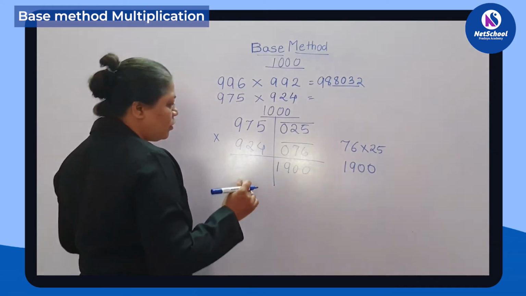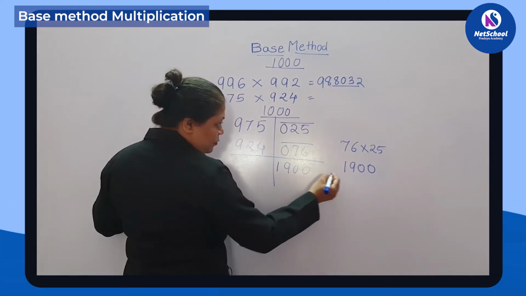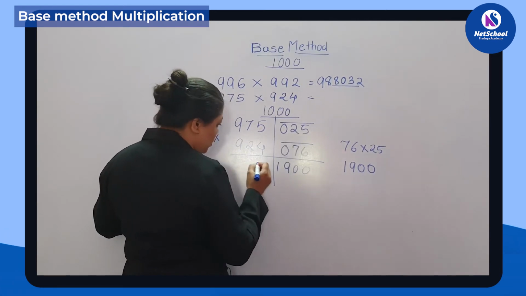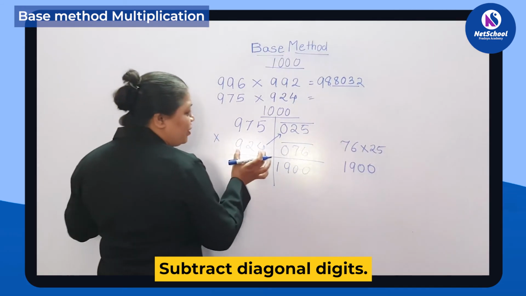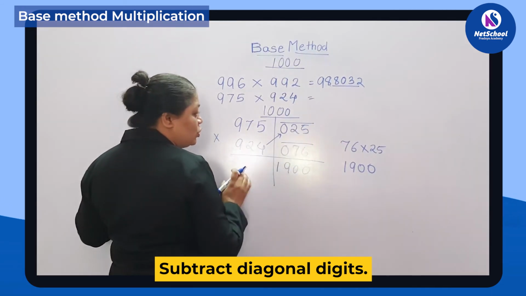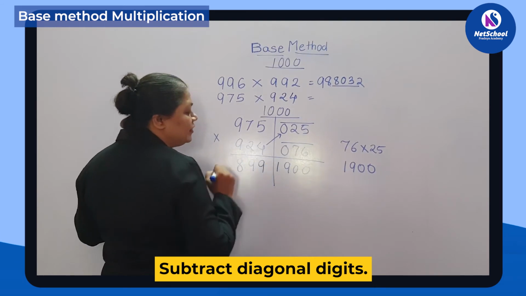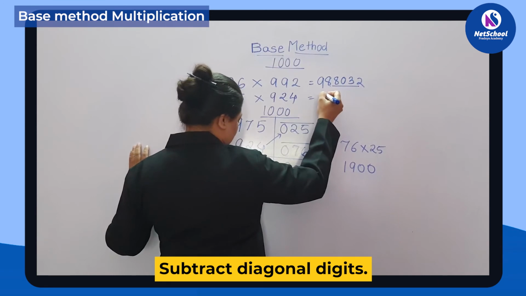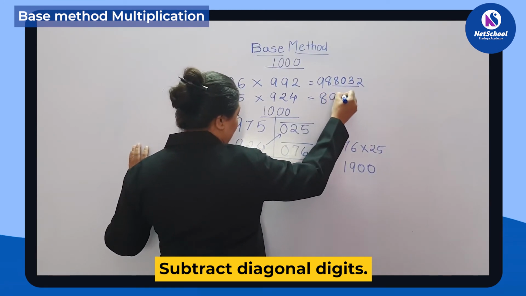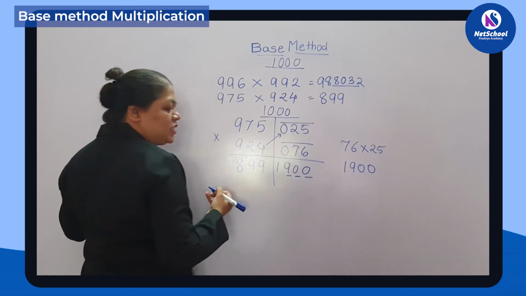Now here just a subtraction. 924 minus 025 will be 899. So the multiplication goes as 899, but now we do require only 3 digits.